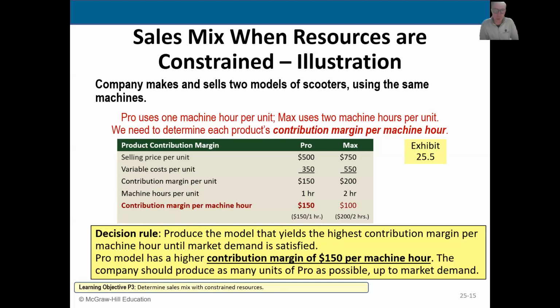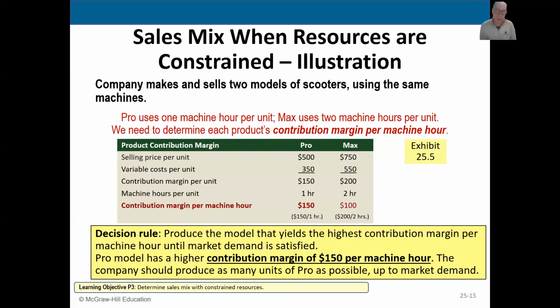My contribution margin per unit for the Pro is $150, for the Max is $200. It takes 1 hour to produce one Pro product and 2 hours to produce one Max product. Based off the contribution margin per machine hour, it's $150 for the Pro and $100 for the Max.